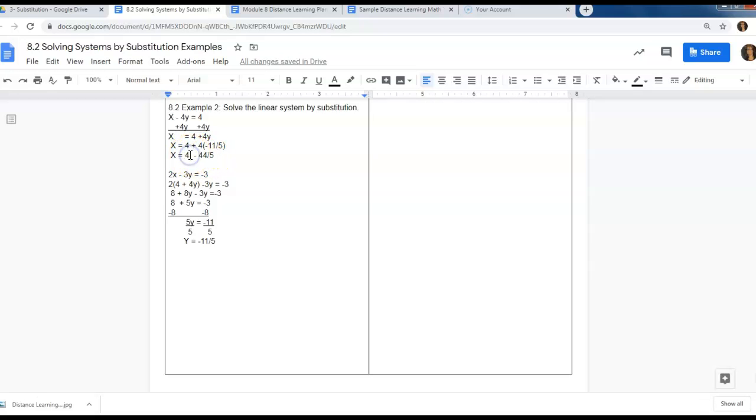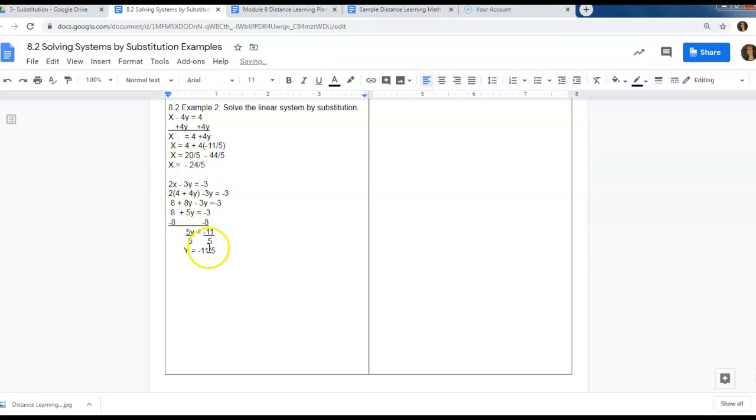So that means I can put 20 fifths, right? 20 divided by 5 is 4, and I don't have fifths. 20 fifths minus 44 fifths, that gives me a negative, what's 20 minus 44? 44 minus 20 is 24. So negative 24 fifths, oops, I didn't put the equal sign. Okay, and this is negative because I'm subtracting a big number from a little number.